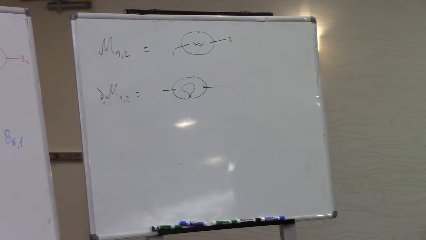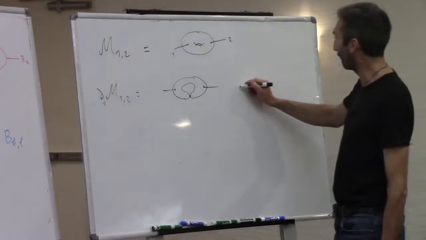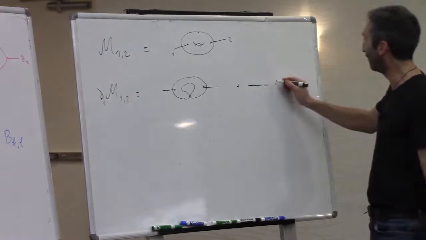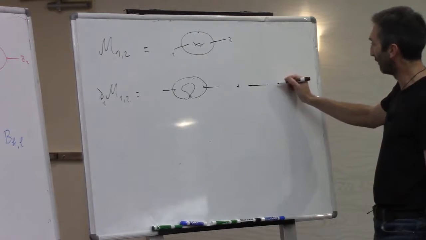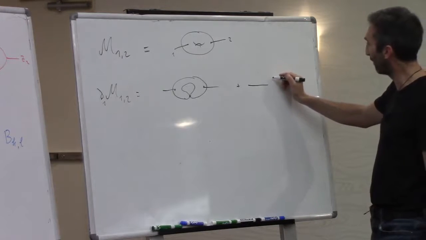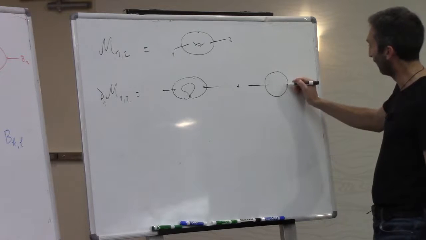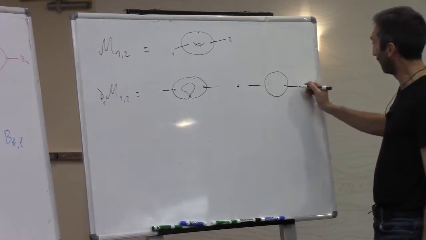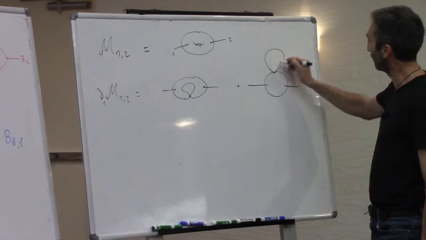And the other possibility would be, so there are 2 boundary divisors. The other possibility would be you have a sphere with something like that here.